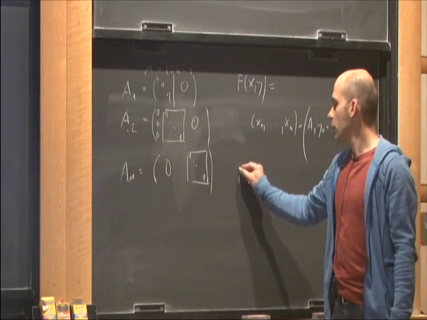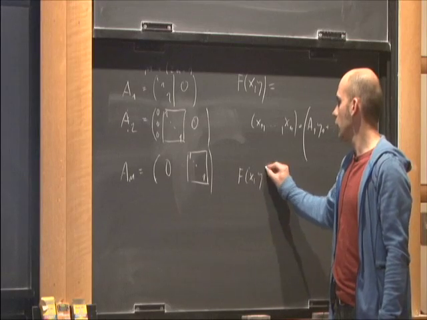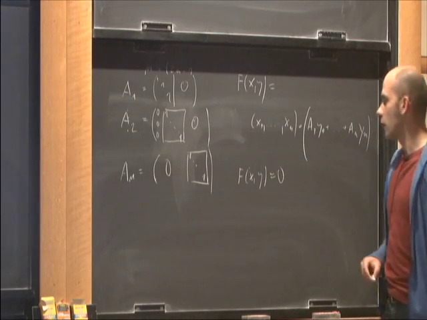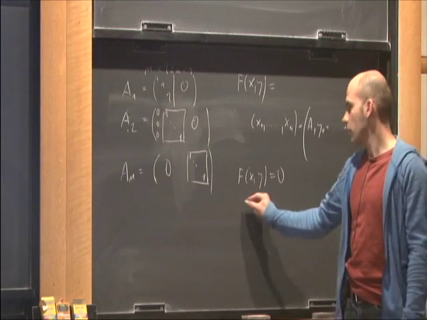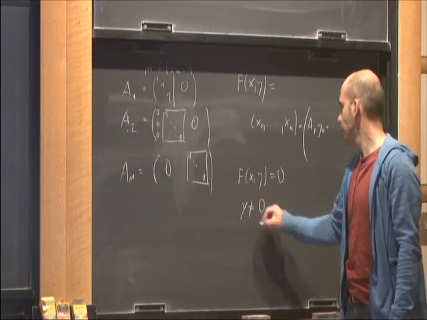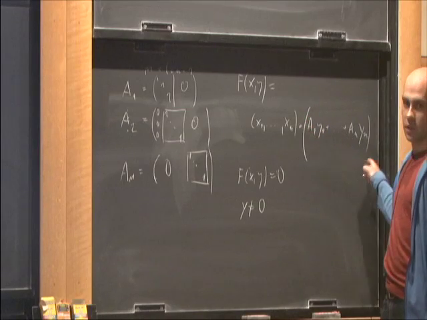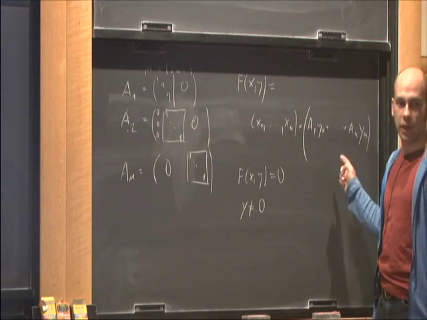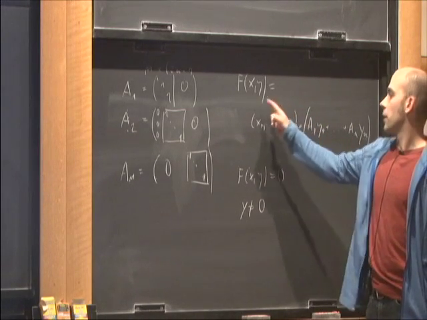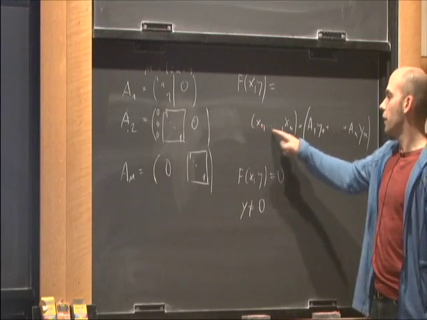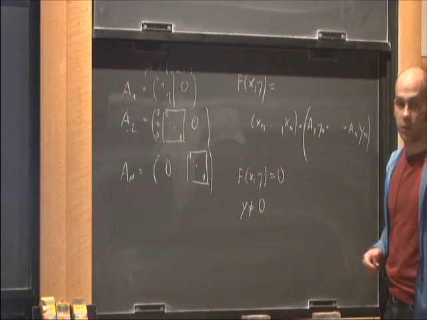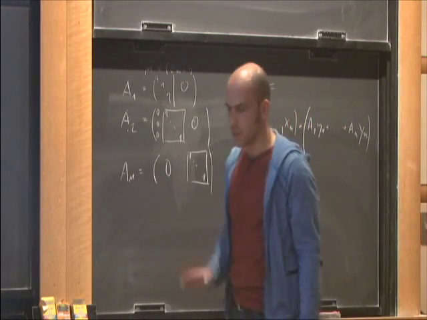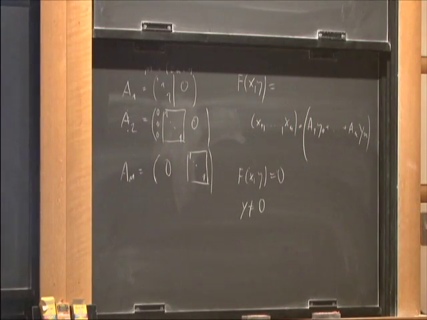So if you now assume that f(x,y) is equal to 0, then you must have that either x is equal to 0 or y is equal to 0. Because if y was not equal to 0, then this matrix is a matrix of rank n, but then it implies that this vector must be equal to 0, because this whole product is equal to 0. So that's a simple construction of the non-singular map.